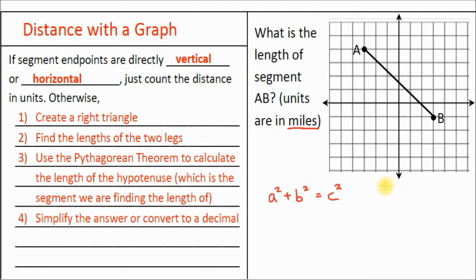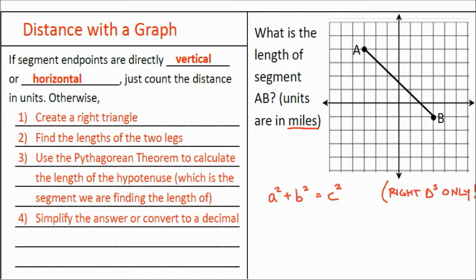So let's take a little note here: right triangles only. Well, the cool part is, when we use this method of figuring out the length of a segment with a graph, we'll always be creating right triangles.